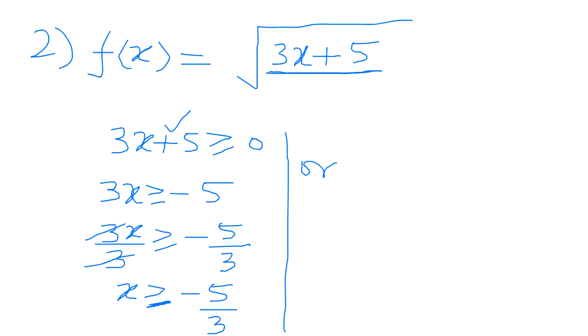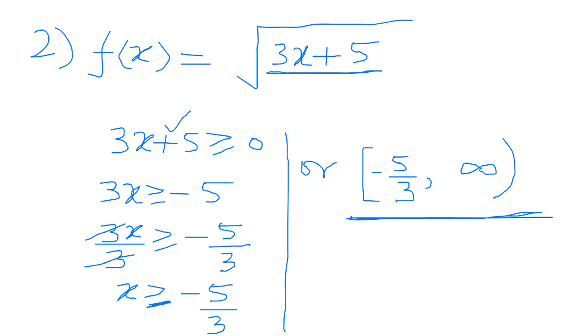Here is minus 5 over 3. x equal to minus 5 over 3 and greater means this side, to the right, up to positive infinity. So this is the domain of this function. Understand?